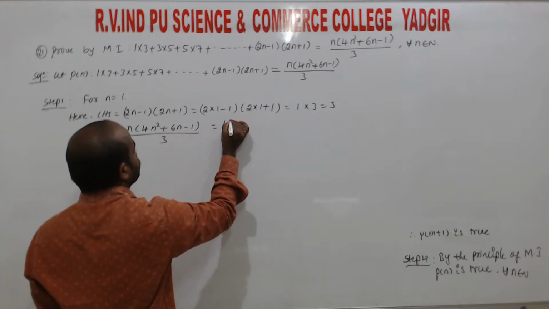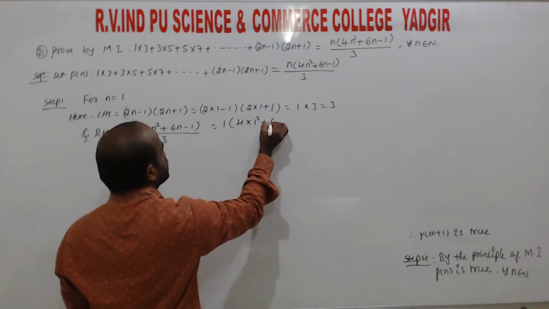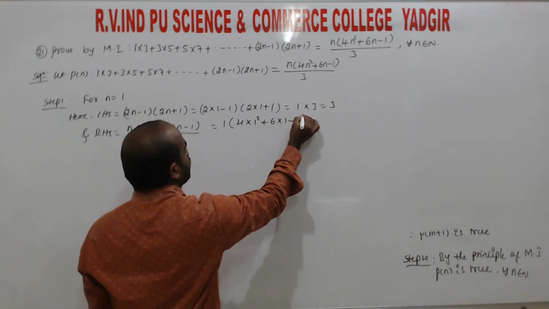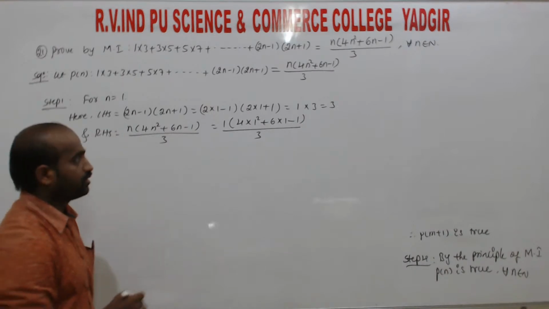1 into 4 into 1 square plus 6 into 1 minus 1, divided by 3.